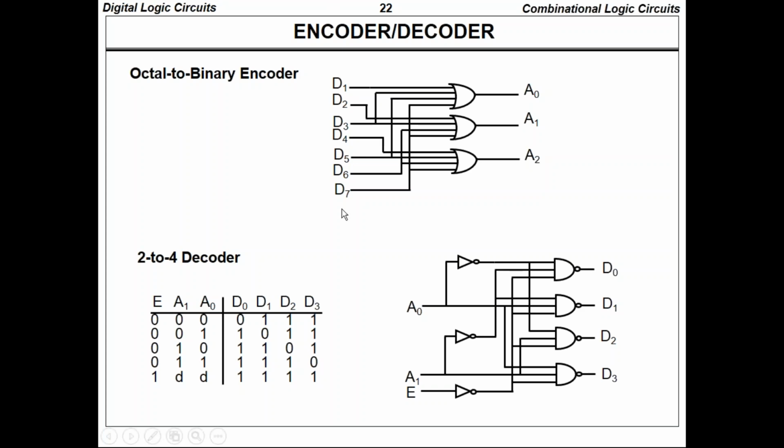So if I am considering that octal to binary truth table, by the simplification expression, you are having A0 equal to D0 plus D3 plus D6 plus D7, and A1 equal to D2 plus D3 plus D6 plus D7, and A2 equal to D4 plus D5 plus D6 plus D7.